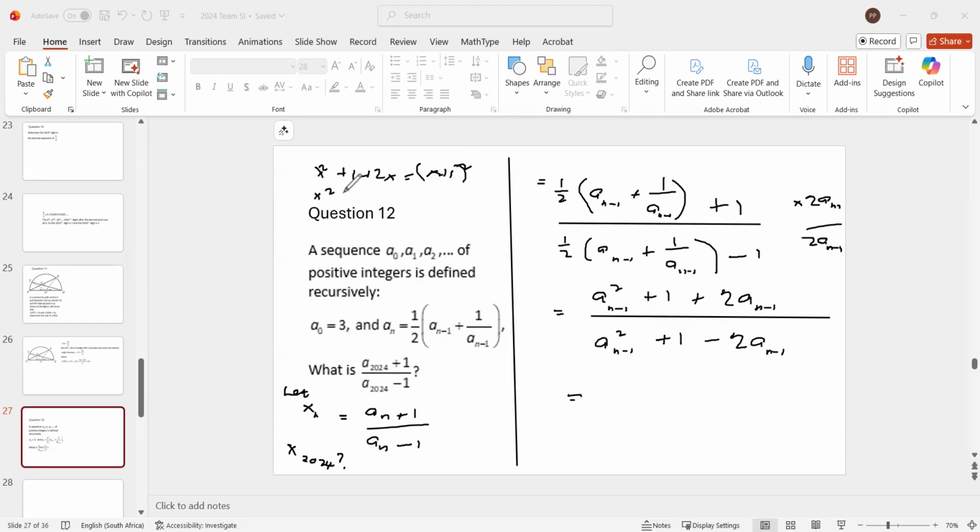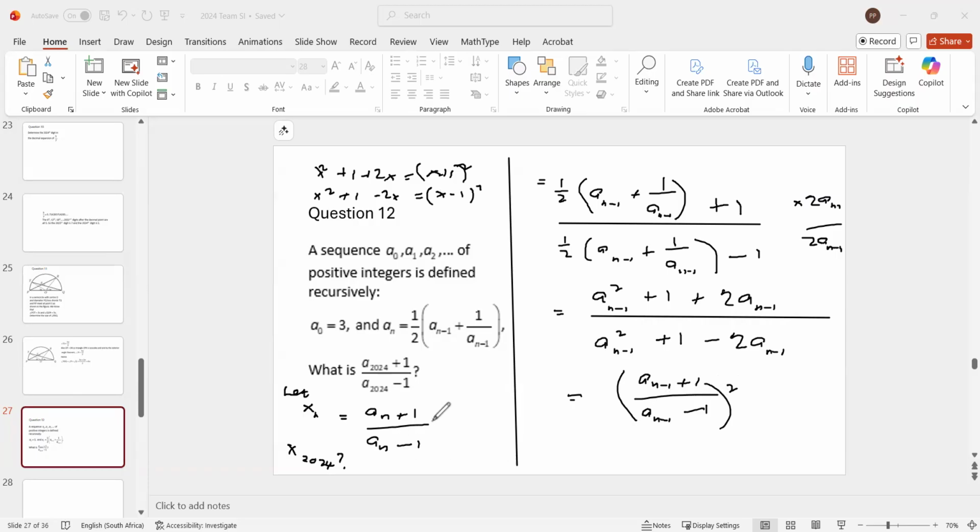And at the bottom, you got x squared plus 1 minus 2x, and that is x minus 1 all squared. All right, so this top is a square and the bottom is a square. In fact, what you have is a_n minus 1 plus 1, all squared, over a_n minus 1 minus 1, the minus sign here, all squared.